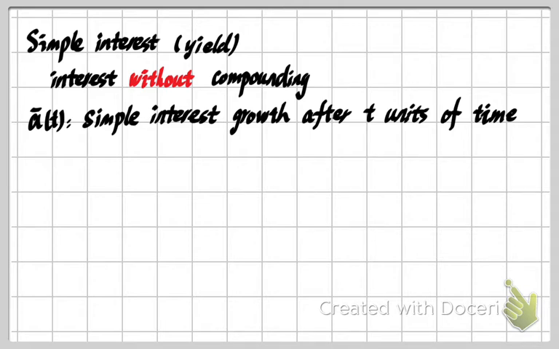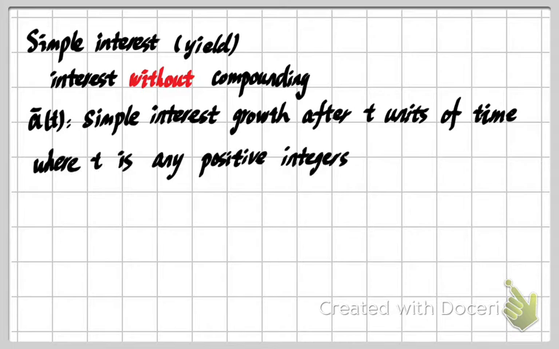So this a-bar(t) is our simple interest growth after t units of time. If this period is 1 year, t means t years, and if this is a month, then this means t months. Here t generally is only a positive number, for example 1, 2, 3, some number like this. It is never negative, and in general it is only an integer.